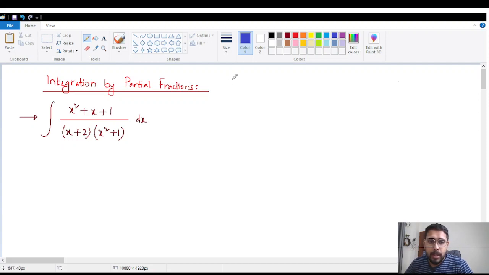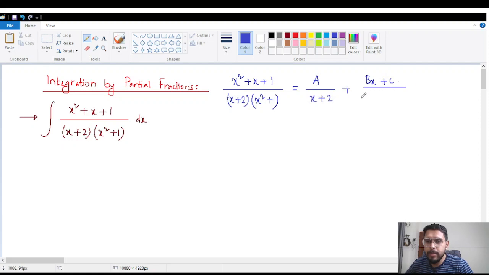Let us understand. So we have x square plus x plus 1 over x plus 2 times of x square plus 1. So now if I do the breaking, it will be A over x plus 2 plus Bx plus C over x square plus 1.